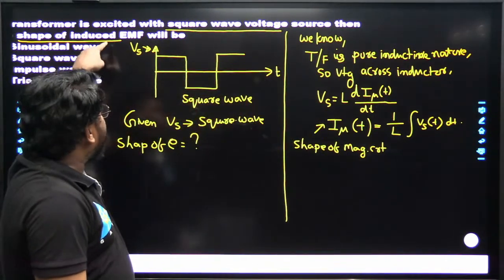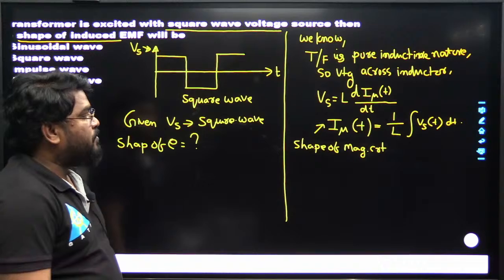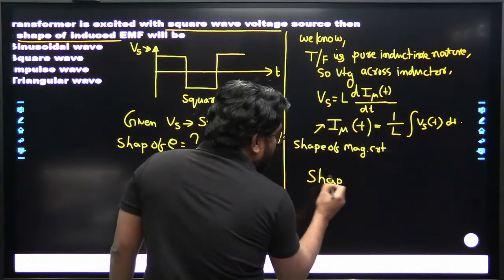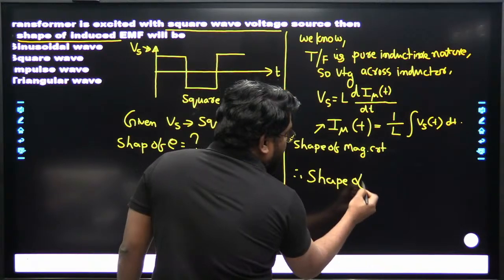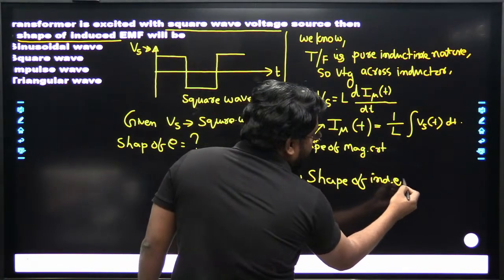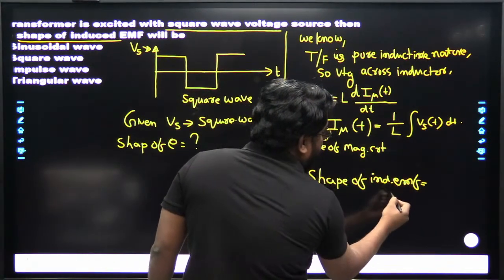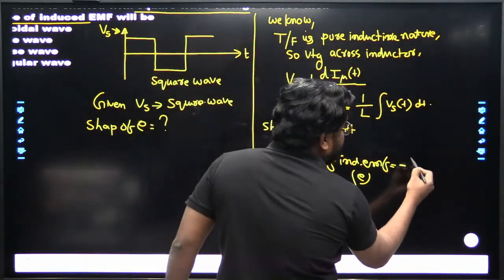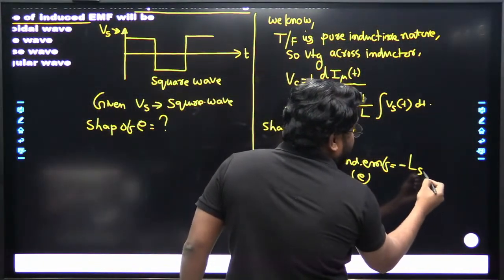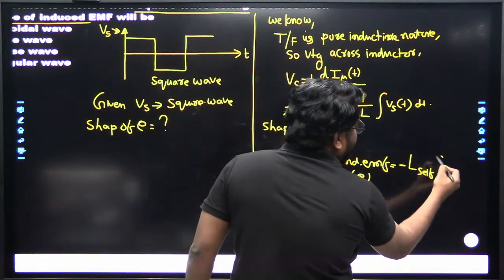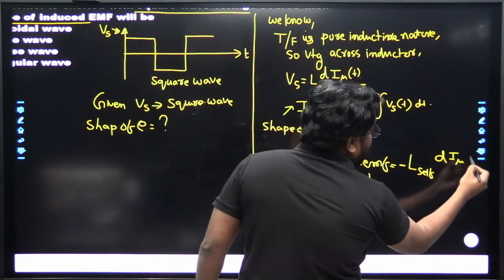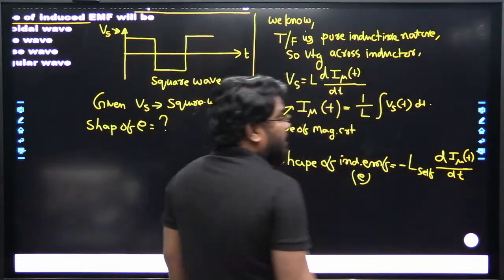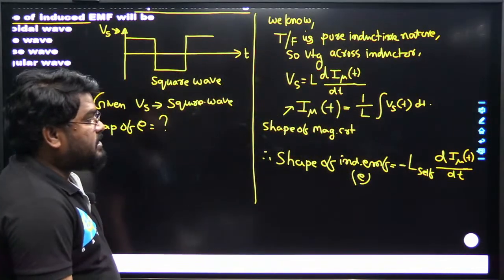But we require the shape of the induced EMF. So how do we get it? The induced EMF is equal to minus L, the self inductance, times the differentiation of the magnetizing current with respect to time. This is the formula.